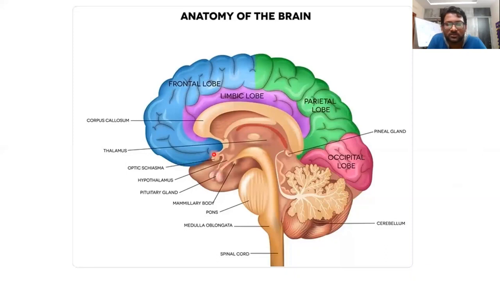As I said, certain hormones are released by the hypothalamus, like FSH, LH, ADH, and oxytocin. These hormones control very important functions in the body, for example reproduction or urine formation.